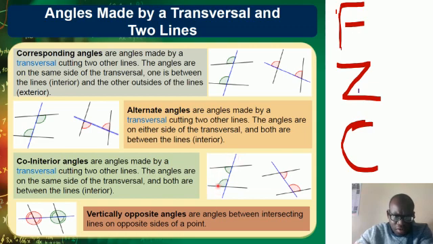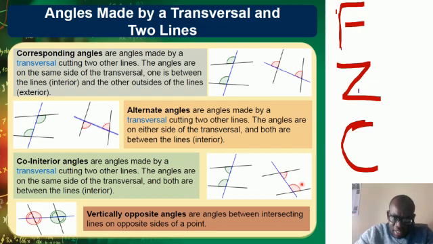So this angle and this angle are called co-interior angles. Line 1, line 2, transversal, this angle and this angle are co-interior angles or angles in a C.